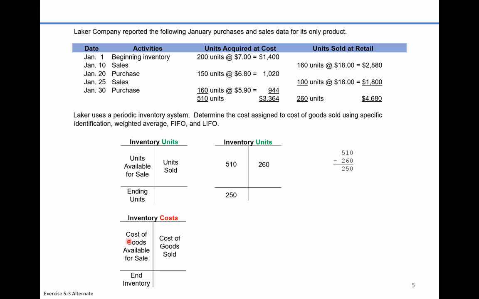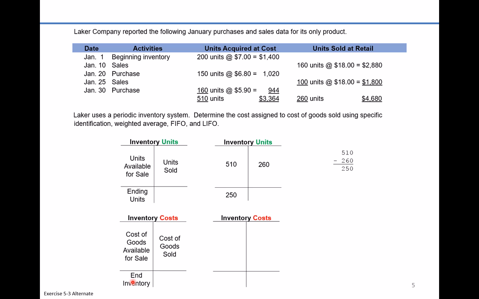Now, on the left-hand side, we list the cost of goods available for sale. On the right-hand side, we list the cost of the goods that were sold. Remember, we had units sold in unit amounts. Now we're going to list that in dollar amounts. If we take the cost of goods available for sale minus the cost of goods sold, that should equal the ending value of the company's inventory, shouldn't it?